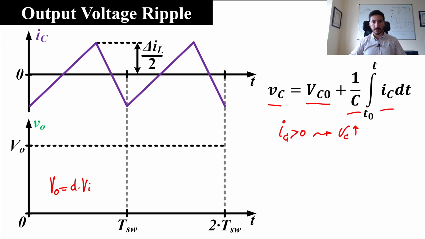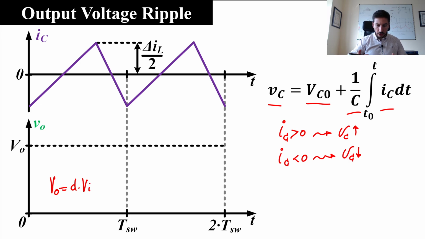And in the second case, if the capacitor current is negative, you are doing the integral of a negative quantity, and the voltage across the capacitor falls.